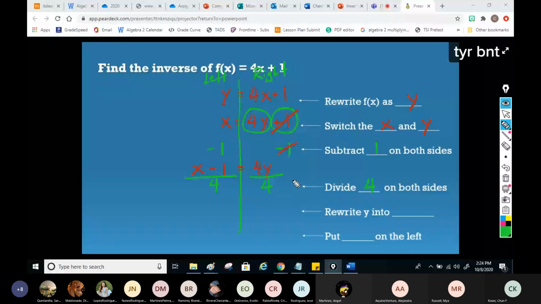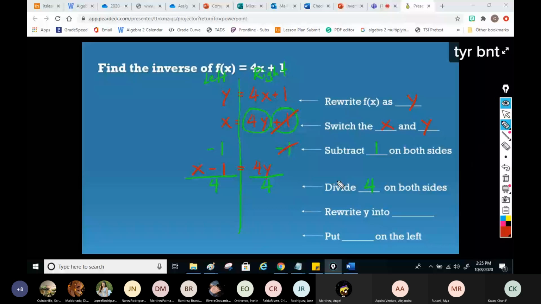So the whole thing divided by 4 like that, and then same with the left. So pay attention at the left right here, because when you divide by 4 on the left side, it's the whole thing divided by 4, not just the x, not just the -1. The whole thing has to be divided by 4.